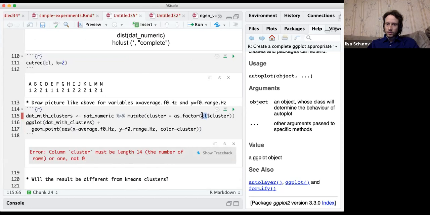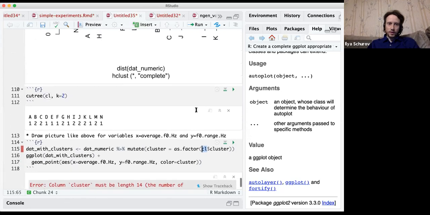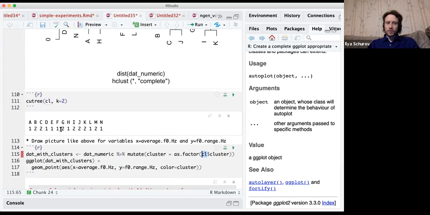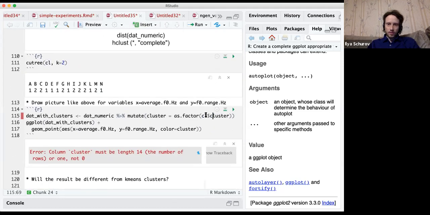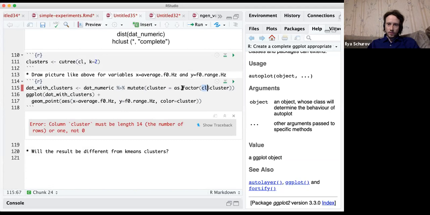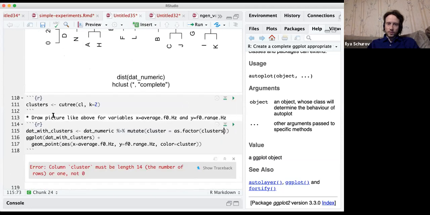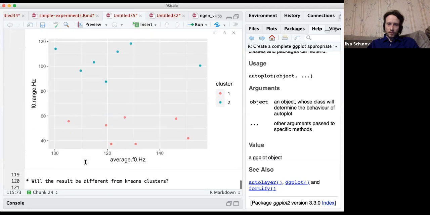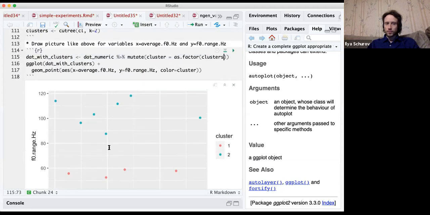This is because this CL object now contains information about this hierarchy and does not contain any specific clusters. So to get clusters, I have to use this cutree. And then I just put it like this. Clusters, and so this is the result of this cutree. And this is my final picture.